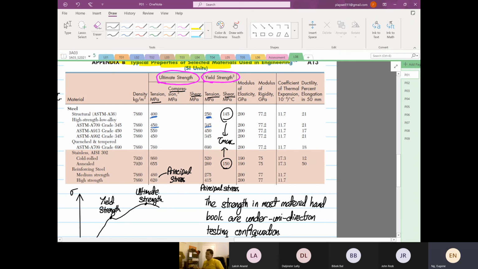So just to recap, for ductile material, you use the yield strength. For brittle material, you can use your yield or the ultimate, because the values are pretty close. And what you see in terms of tension or compression are all your principal stresses, meaning zero shear stress is added on it.